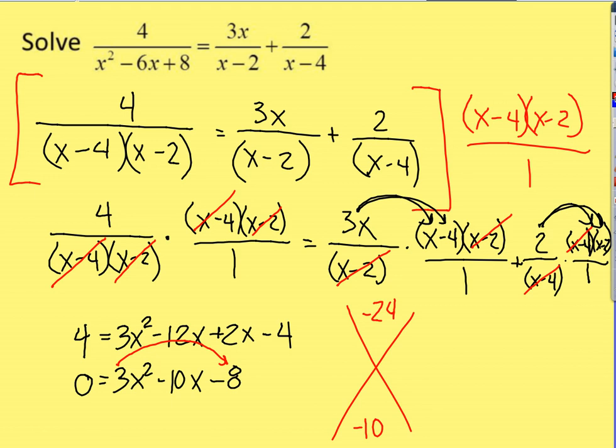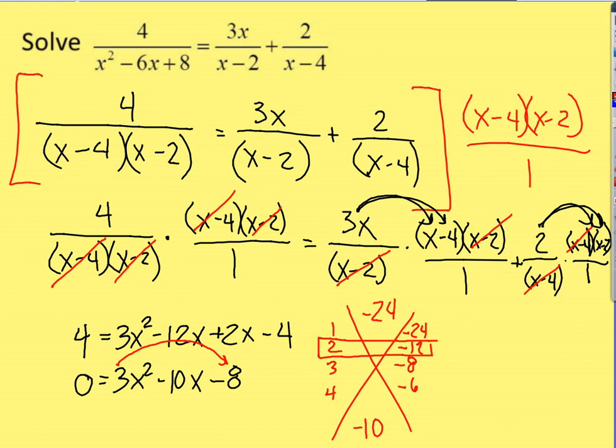If we think of the multiples of 24, we have 1 and 24, 2 and 12, 3 and 8, 4 and 6. One side is going to have to be negative. This is a negative 10, so we want the larger numbers to be negative. And if we're looking for the set that multiplies to get negative 24 and adds to get negative 10, we are going to select 2 and negative 12.